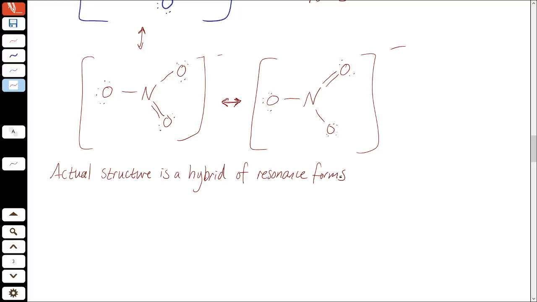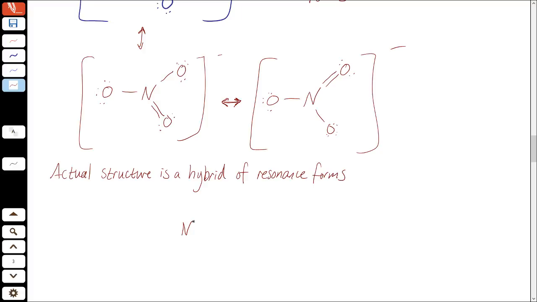So if you actually zoom in on a single nitrate ion and you measure its bonds, you don't see one double bond and two single bonds. You see three equivalent bonds that are in between, that are about 1 1/3 bonds. So the actual hybrid is really hard to draw, because it doesn't account for these electrons, and that's one of the limitations of this Lewis model: it's a localized electron model, which means that we're assuming that electrons are localized on specific atoms.